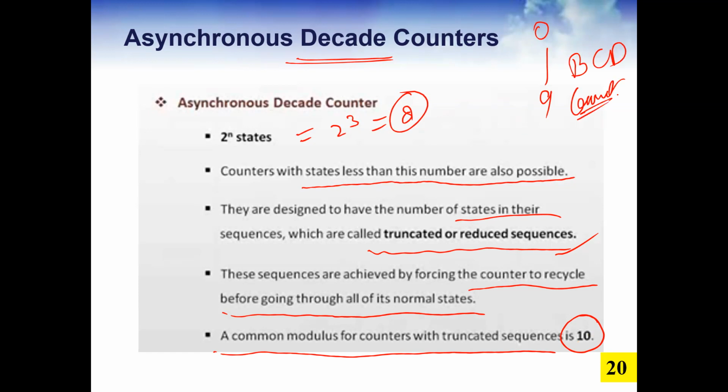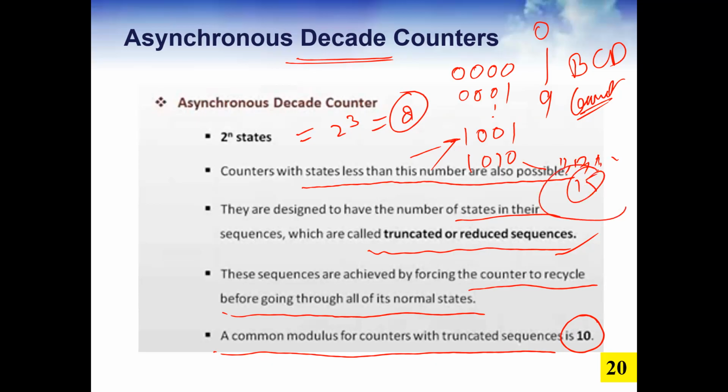If you want to design the BCD counter, you need at least four flip-flops. 0 0 0 0 will be the first count, and it will keep on increasing until it reaches a maximum of 1 0 0 1, which is 9. After that, if it is a normal counter, not a decade counter, it will go to 1 0 1 0, which is 10, then 11, 12, 13, 14, and after 15 it will go to 0.